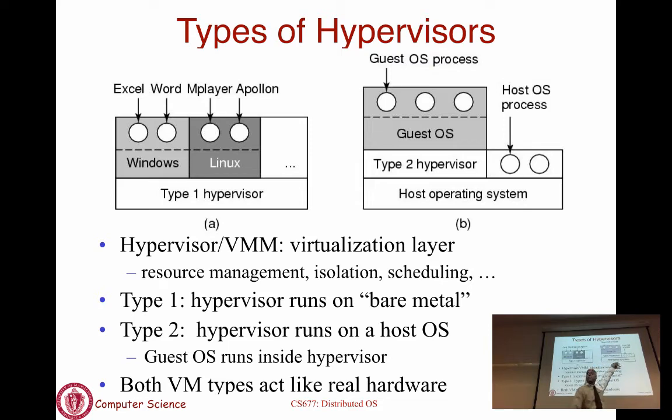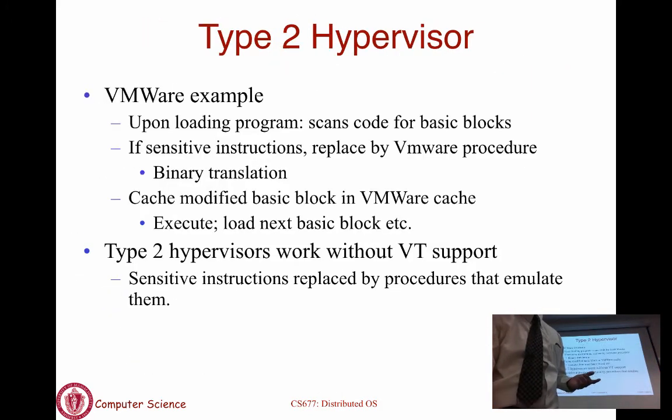That's in charge. So this requires even more overhead, because as the OS is executing, you are actually scanning assembly instructions that the OS is about to execute, and if you see that it's soon going to execute a sensitive instruction, you will replace it with an equivalent instruction that will make a function call into the type 2 hypervisor. The type 2 hypervisor will have a function implemented for every instruction that could be executed.